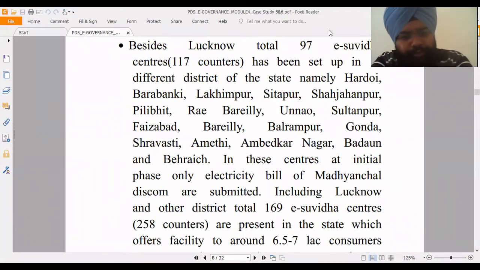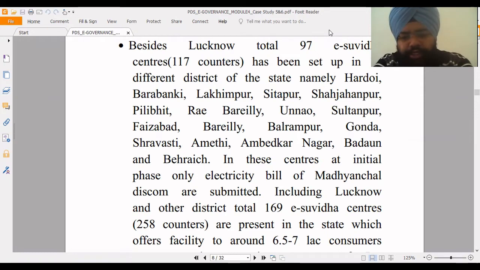Now the next point: besides Lucknow, a total of 97 E SUVIDHA centers and 117 counters have been set up in 18 different districts of the state, namely Hardoi, Barabanki, Lakhimpur, Sitapur, Shahjahanpur, Pilibhit, Raebareli, Unnao, Sultanpur, Faizabad, Bareilly, Balrampur, Gonda, Saraswati, Amethi, Ambedkar Nagar, Badaun, and Bahraich.